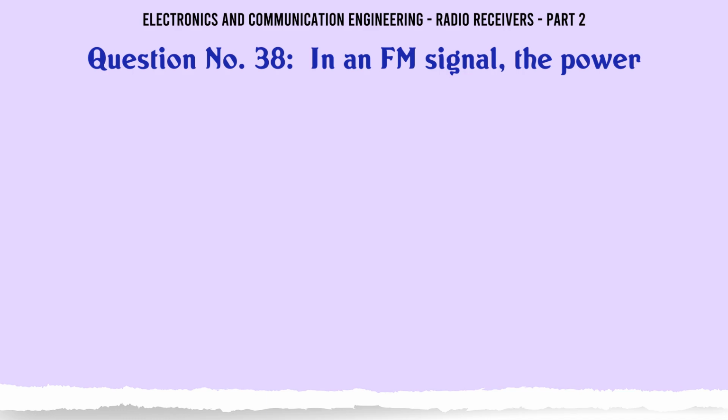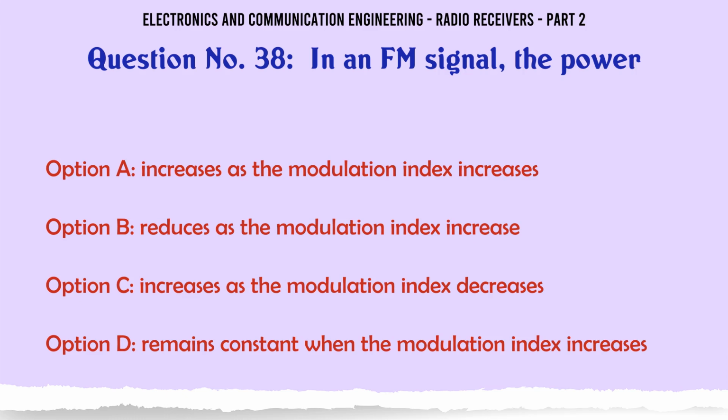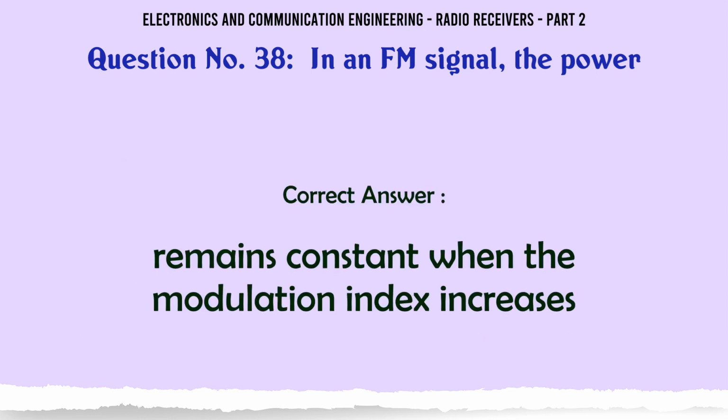In an FM signal, the power A. increases as the modulation index increases, B. reduces as the modulation index increases, C. increases as the modulation index decreases, D. remains constant when the modulation index increases. The correct answer is remains constant when the modulation index increases.